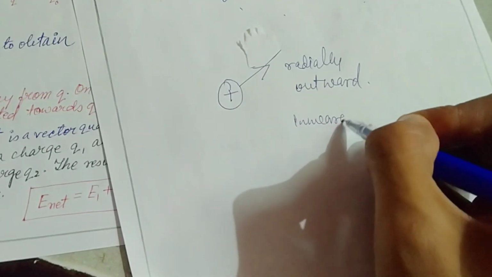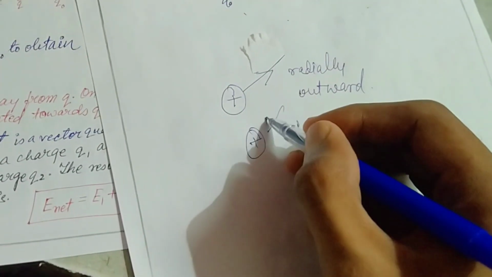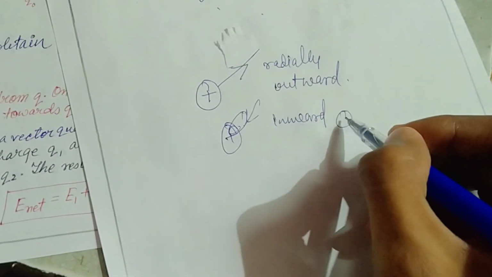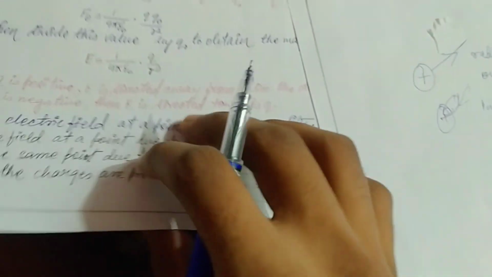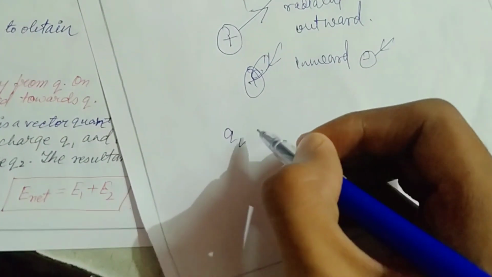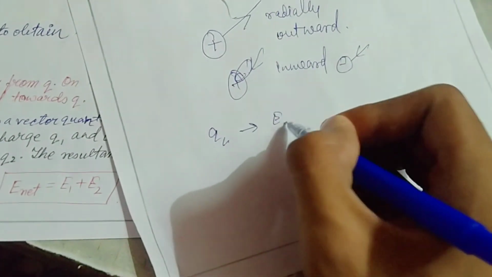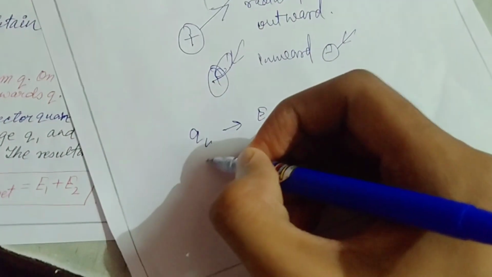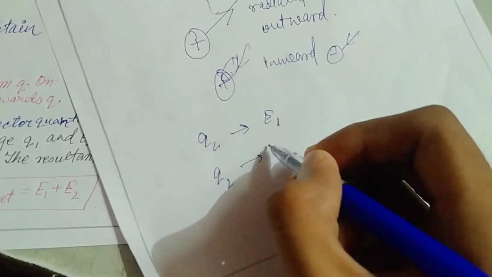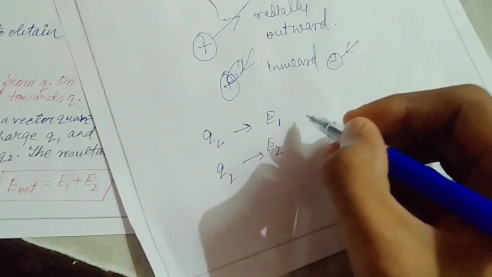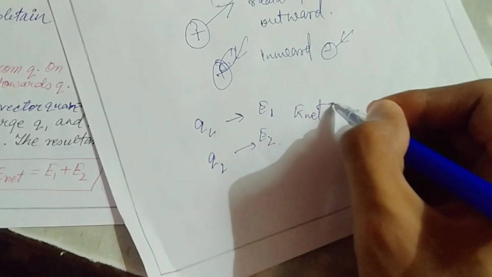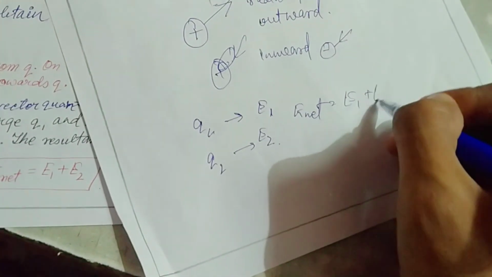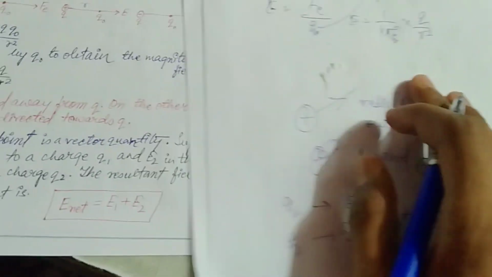And for E net, suppose we have Q1. A charge will produce an electric field, we say E1, and we have Q2 and it will produce E2. What will be the net? The net will be E net is equal to E1 plus E2, the vector form of addition.